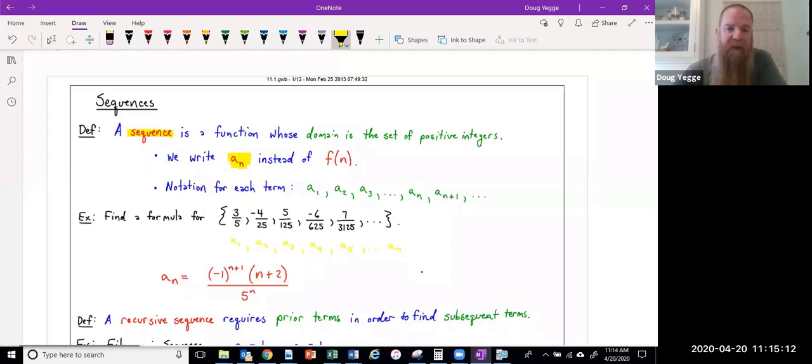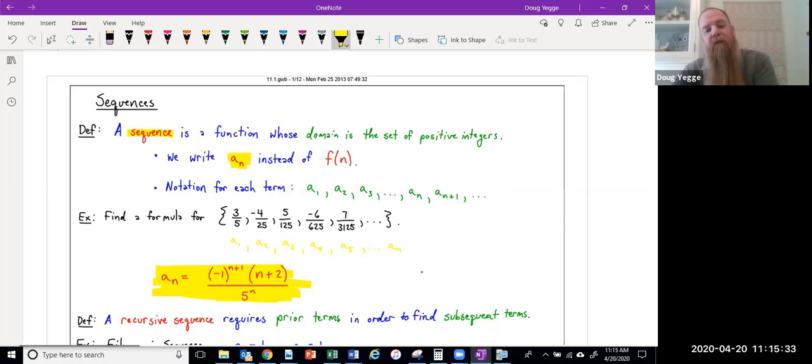So I can't plug in, for instance, to some sequence if I have a sequence formula, okay? It's kind of like a function, except I can only plug in whole numbers. I can only plug in 1 and 2 and 3 and 4 and 5. It makes no sense for me to maybe replace n with 2.37.